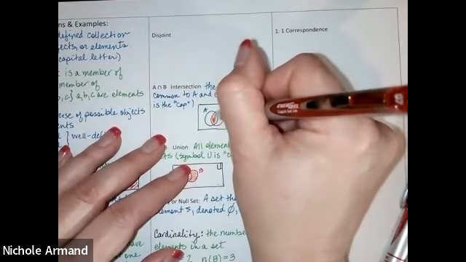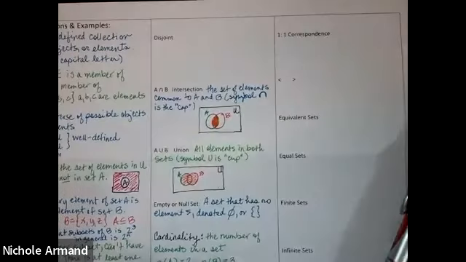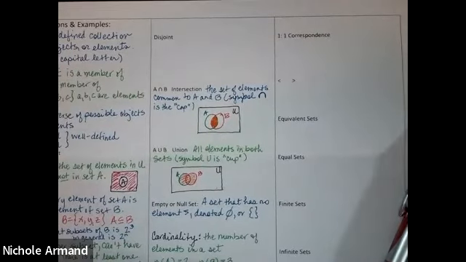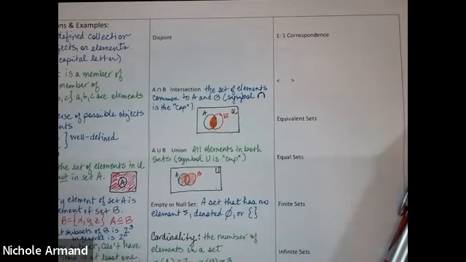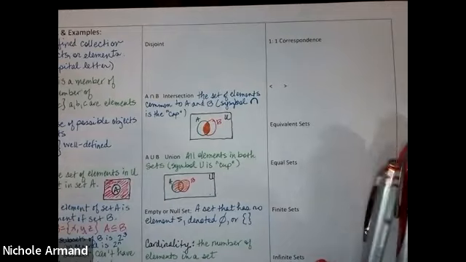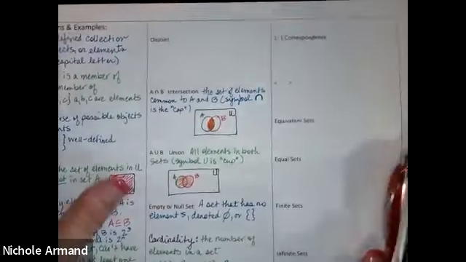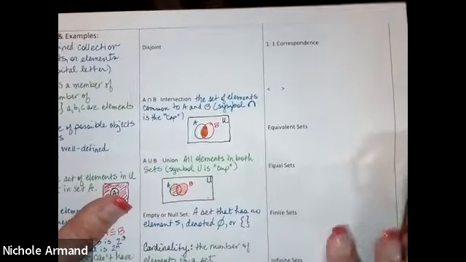So it's going to be this little football shaped thing right here. This is what set A and set B have in common. So in other words, it's what is in both sets. Now we have the word disjoint, which means that there are no elements in common to their intersection.